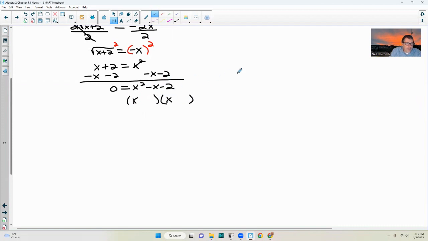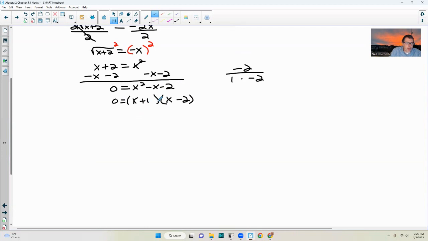I have factors of negative 2, and I want them to add up to a negative 1. So 1 times negative 2 is the only way I can get a negative in the middle, and a positive times negative is a negative outside. And there are my two values that give me negative 2. When I add, I get negative 1. So it's x plus 1, x minus 2 equals 0.